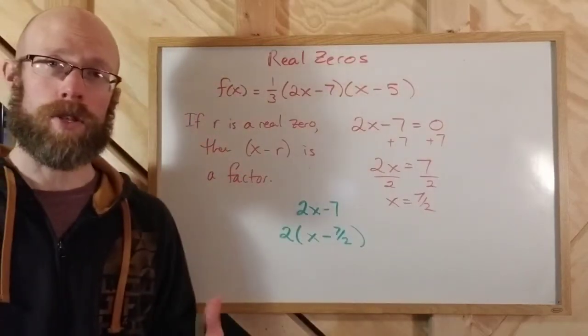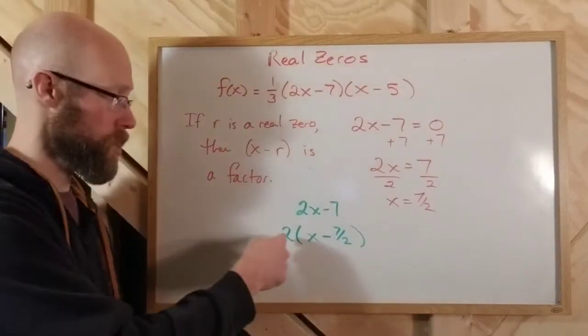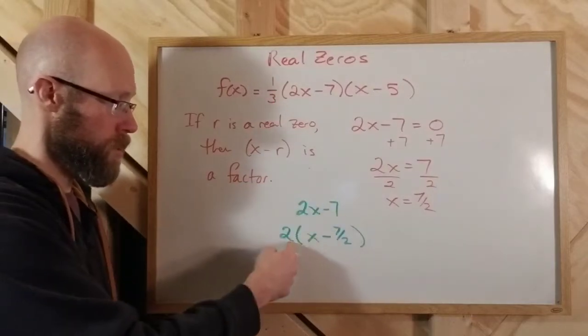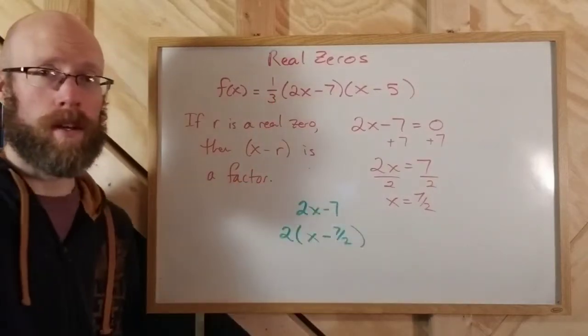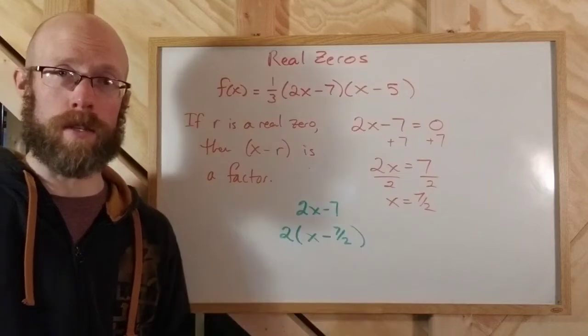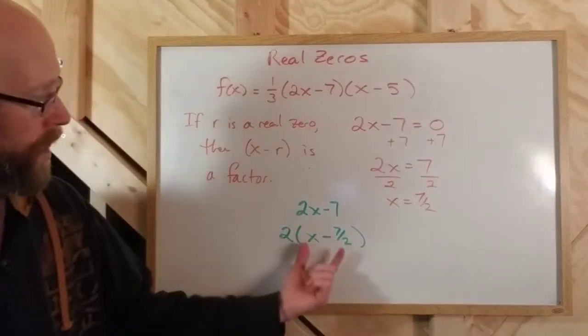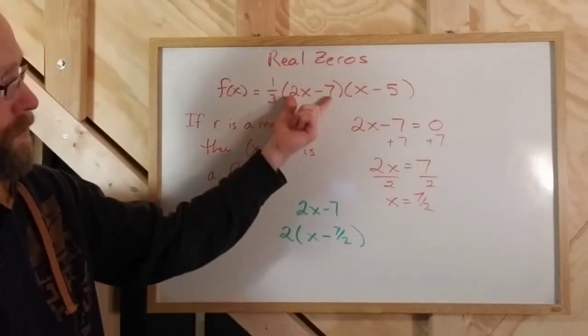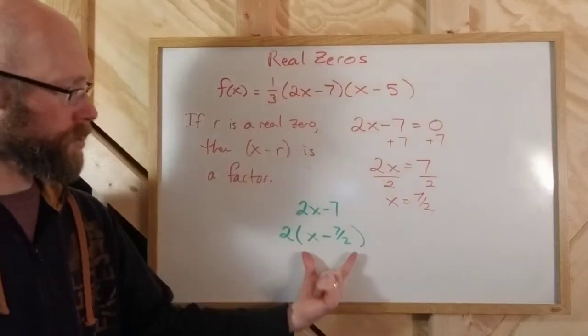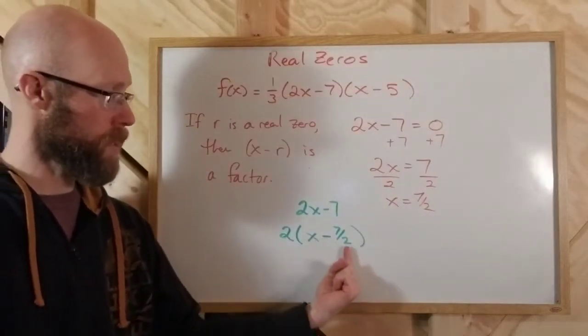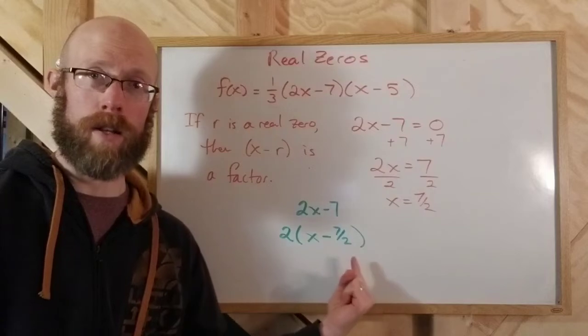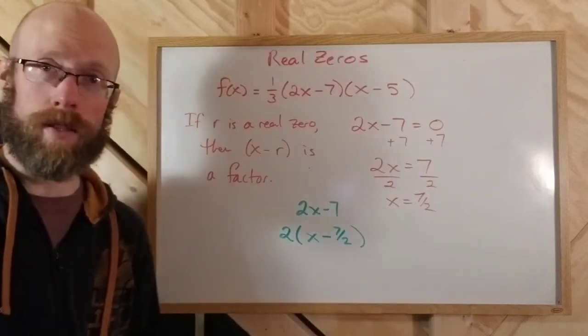And you can always check that by redistributing, right? 2 times x is 2x, 2 times 7/2 is 7. So just redistributing gets us back to the beginning. And now I could rewrite this 2x minus 7 factor in such a way that I do have the x minus r, or x minus the real zero, as the factor.